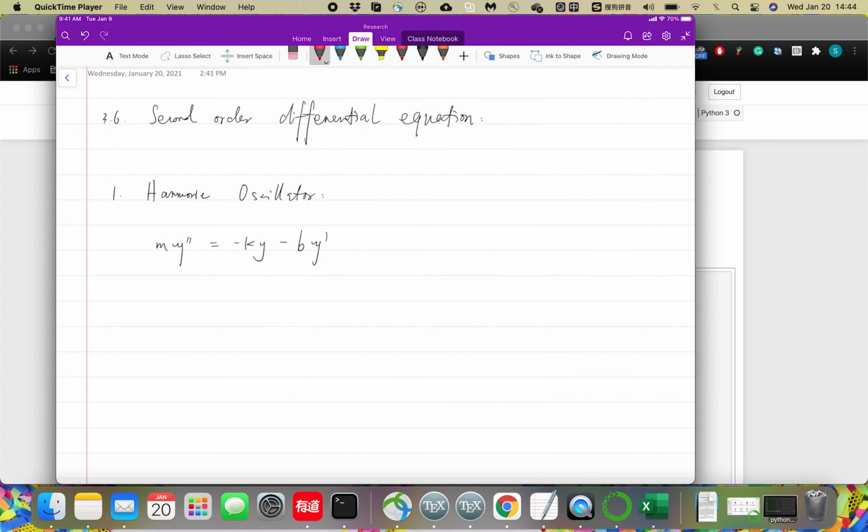So this part gave you the spring, Hooke's law, the spring force. This part gave you the friction.